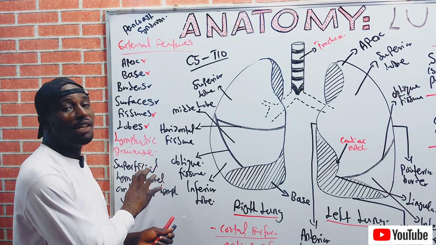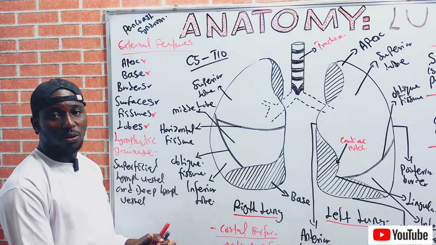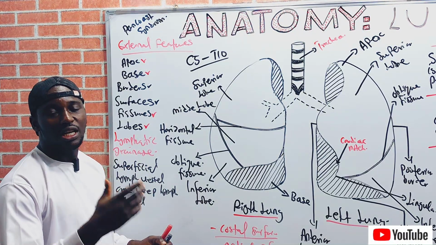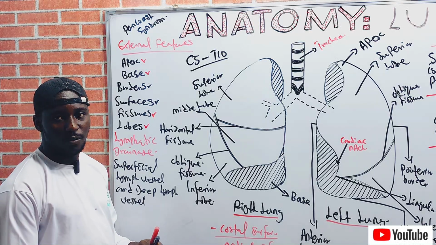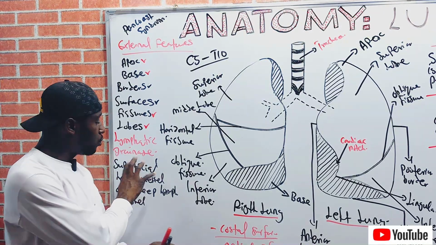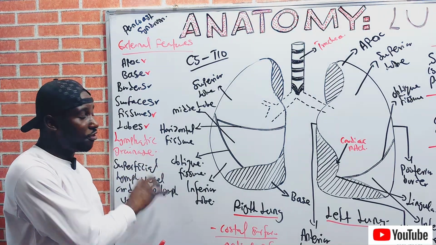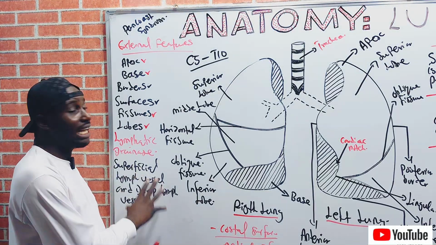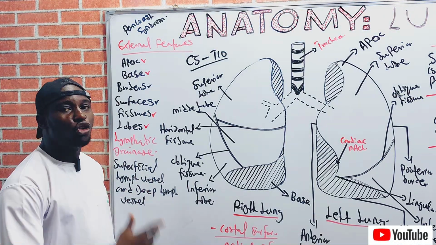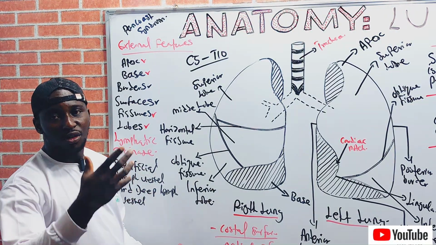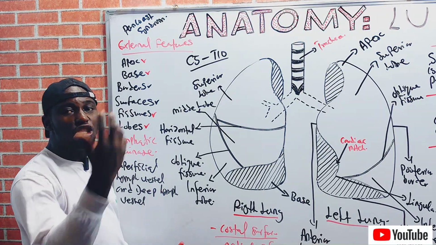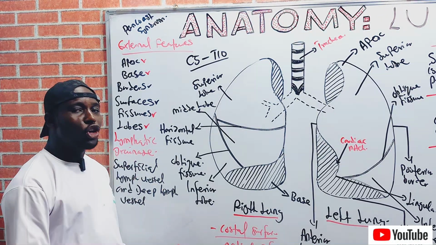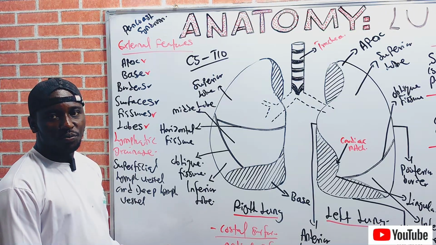All these lymph vessels drain into the what? The tracheobronchial lymph node and finally into the bronchomediastinal lymph node. You get? The lymph vessels, both the superficial and deep, drain into the tracheobronchial lymph node, while the tracheobronchial lymph node finally drains into the bronchomediastinal lymph node.